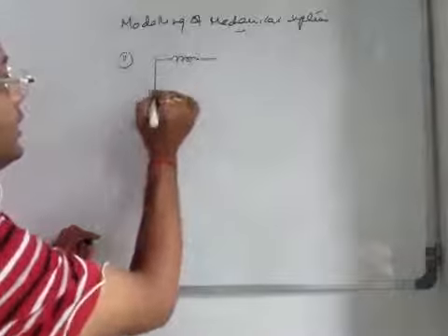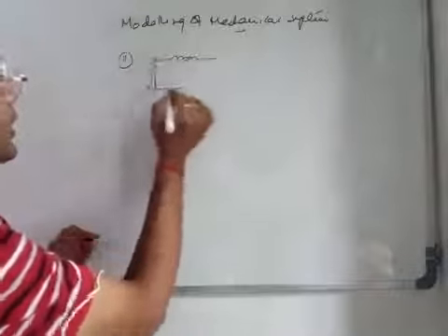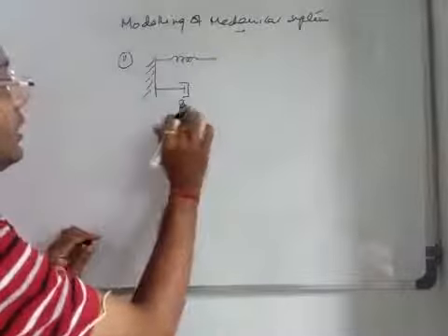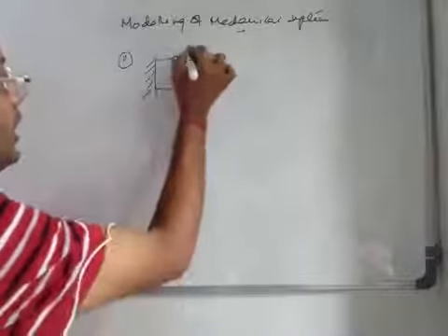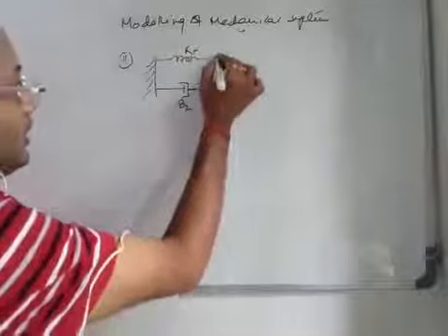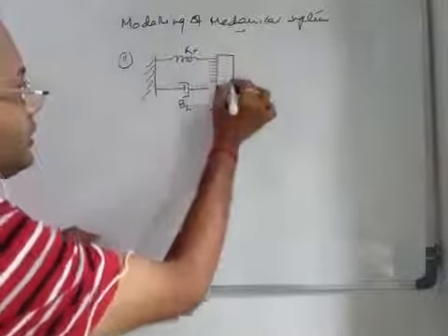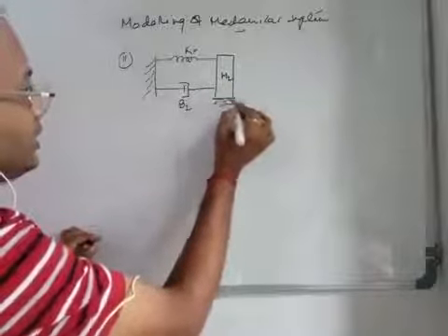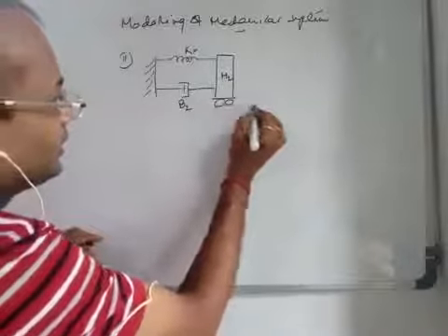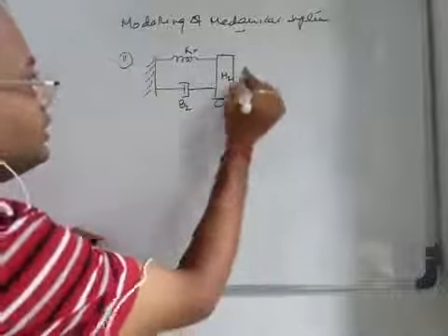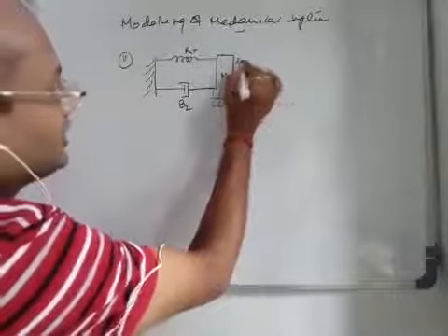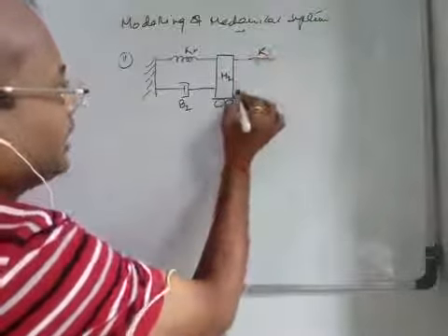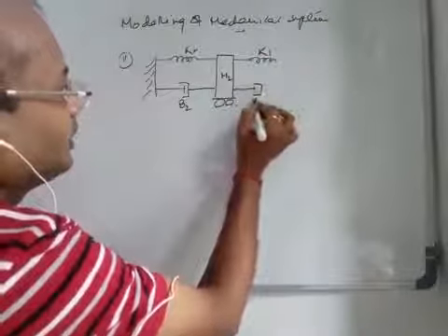This is one spring, this is the rigid body, and this is your damper, say b1, and you can see b2 and k2. These spring and dampers are connected with, say, mass m2, and this is a cart system, a 2 mass cart system, and here you see this is your k1 and this is your b1.